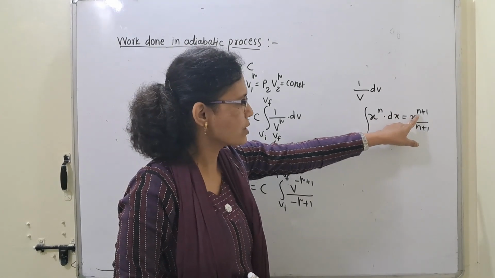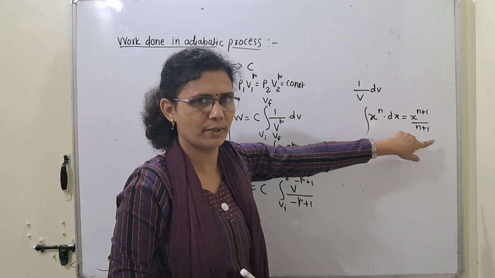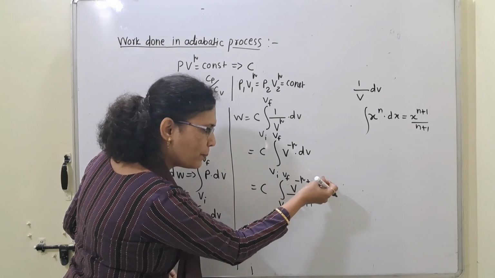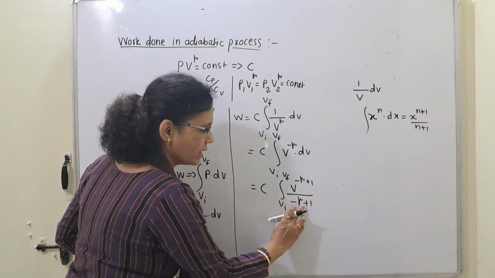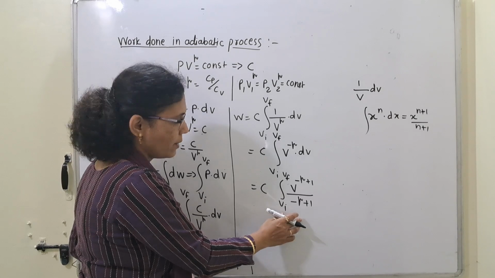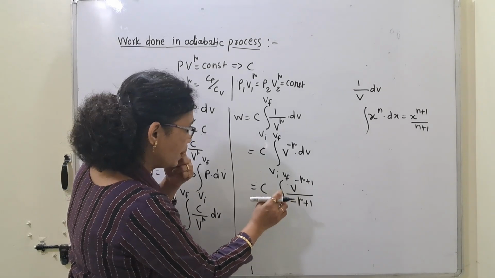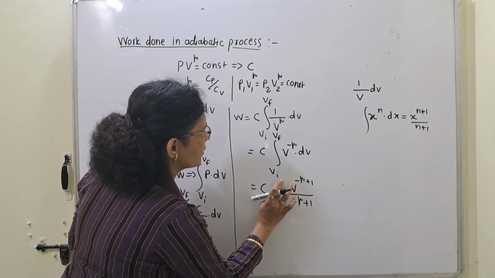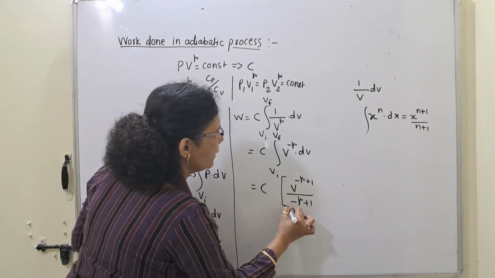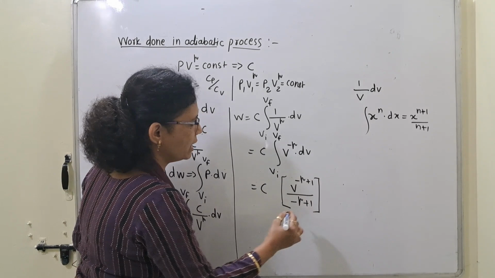Similar to that, V raised to minus gamma plus 1 divided by minus gamma plus 1. You got this? This is the integration. So, now we have to put the limits. What will be the limits?